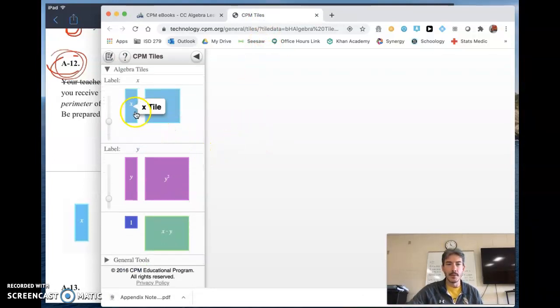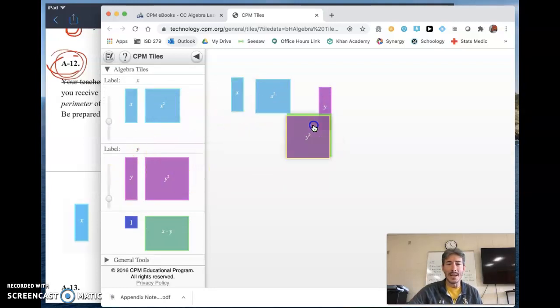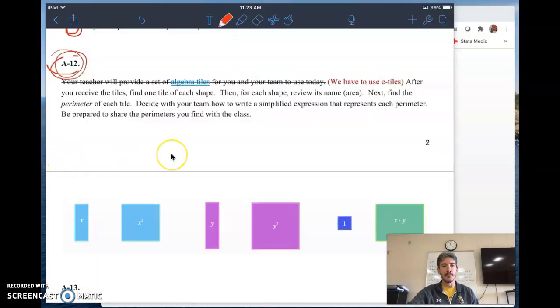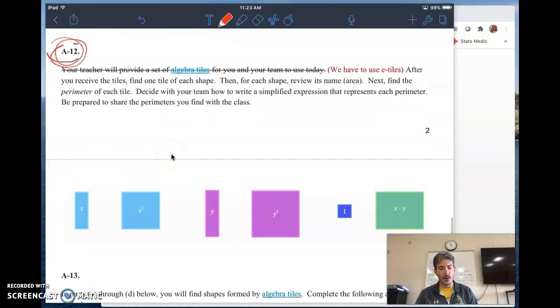We discussed we got an x tile, an x squared tile, a y tile, a y squared tile, a unit tile, and an xy tile. Remember, we name these things with the area of those tiles. We discussed that yesterday. I took them and I copied them all right here.